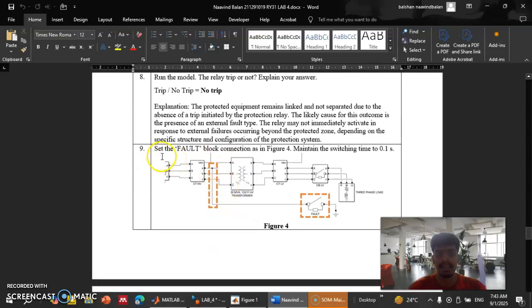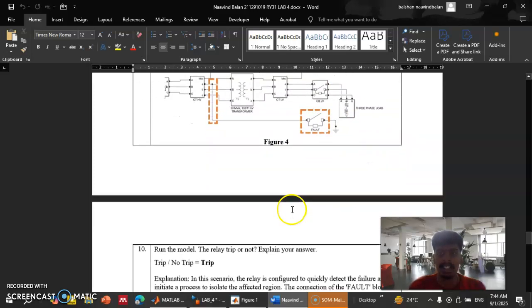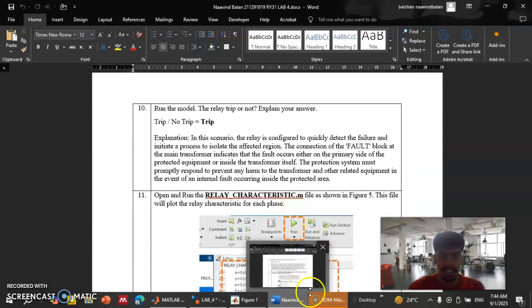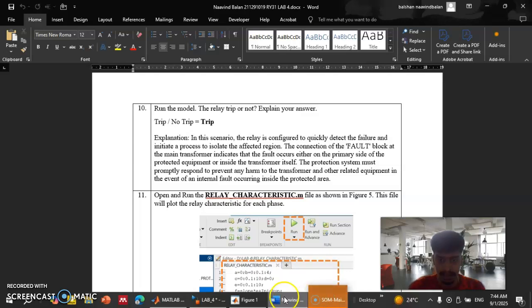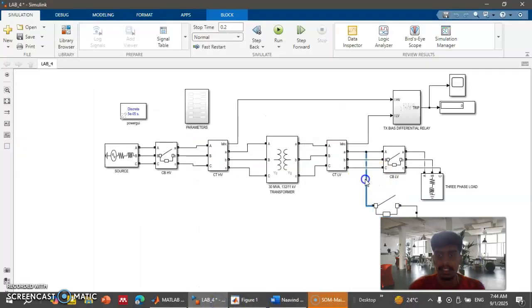Next, set the fault block connection as in figure 4, before the transformer 132 over 11 kV. Maintain the switching time at 0.1. Here I will show the scope over here.